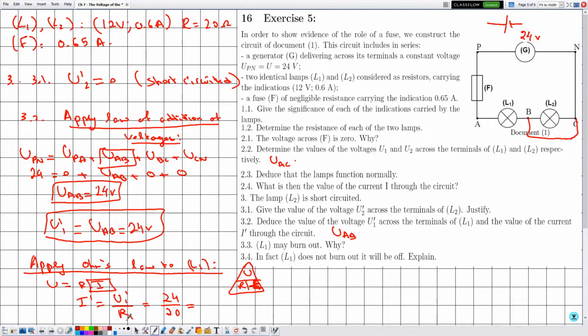Plugging this on the calculator, the value of I prime is 1.2 amperes. So I prime is equal to 1.2 amperes.